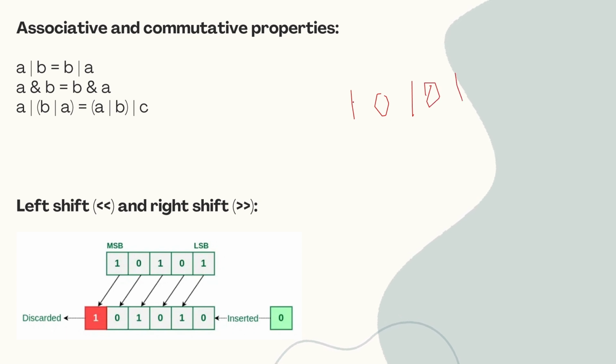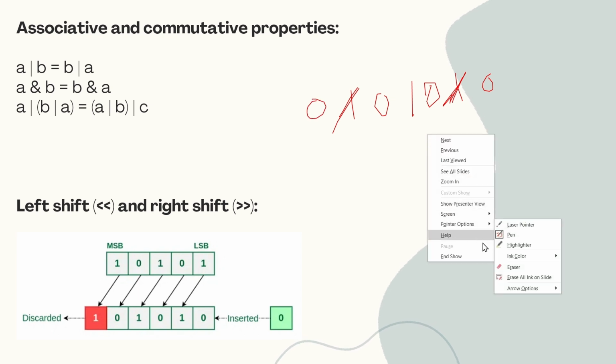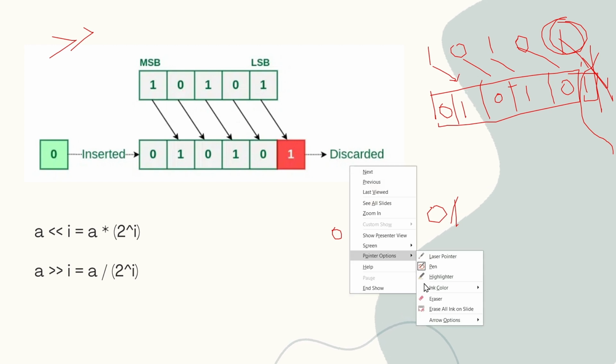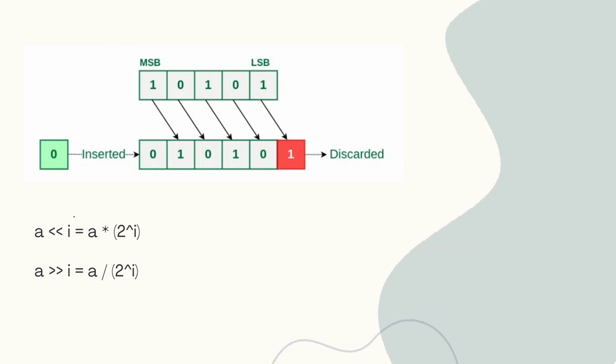For left shift you remove the left one, for right shift you remove the right one, but make sure that in left shift if you have removed the left one you add a 0 at the end, and in right shift if you have removed the right one make sure that you add 0 at the left. That's it. Now you got some idea, right? I hope you got some basic idea, right?